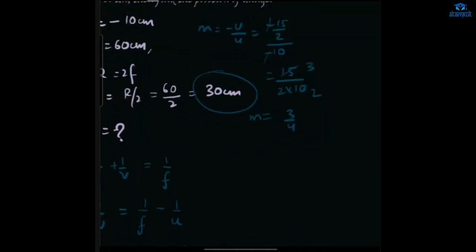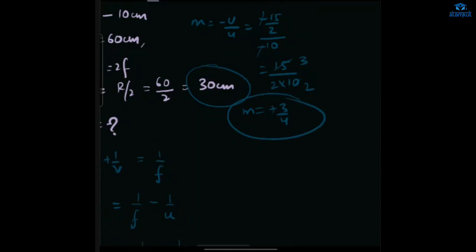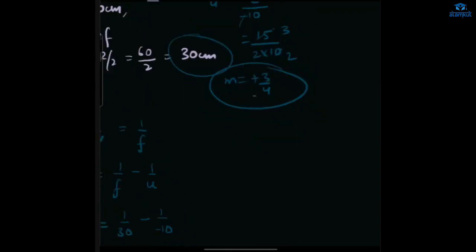M is less than 1, and M is positive. If magnification is positive, then it means that the image will be virtual. With the magnification also, we can know about the nature of the image formed.